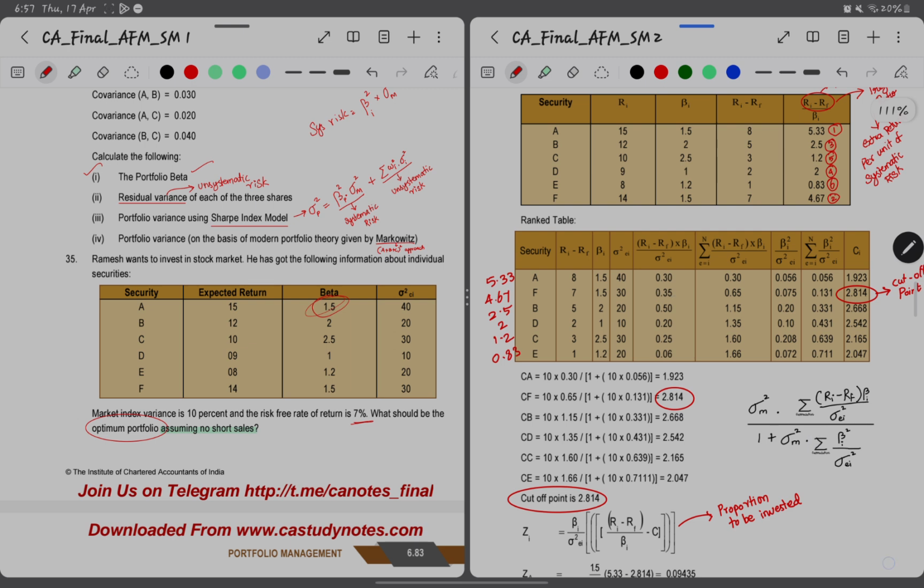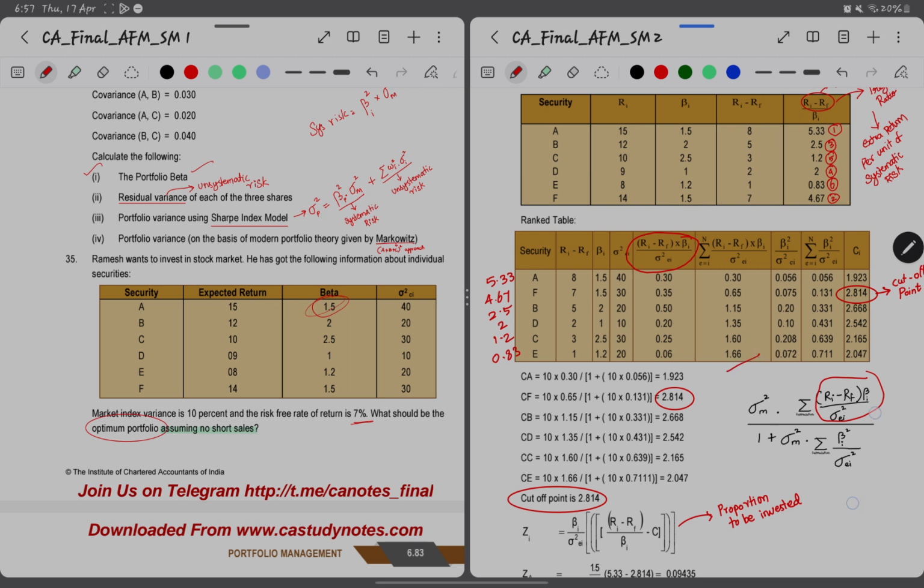Now once we got this portion of the formula, we have to take the cumulative of these values. So 0.35, then 0.35 plus 0.3 is 0.65, then 0.50 plus 0.65 is 1.15, like that till 1.66.